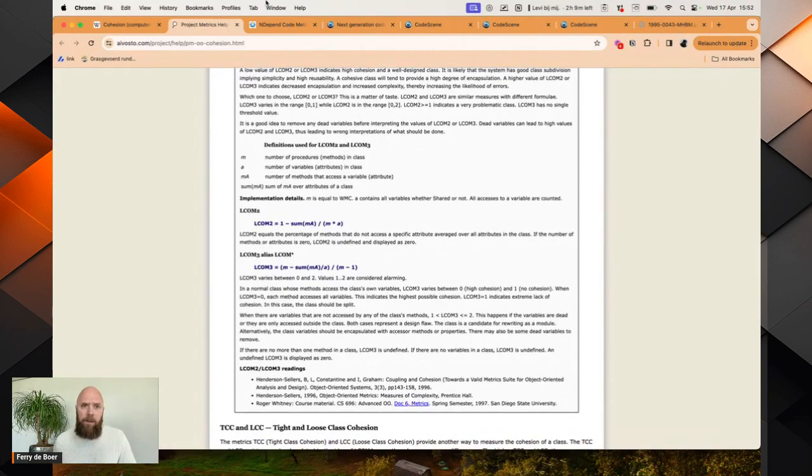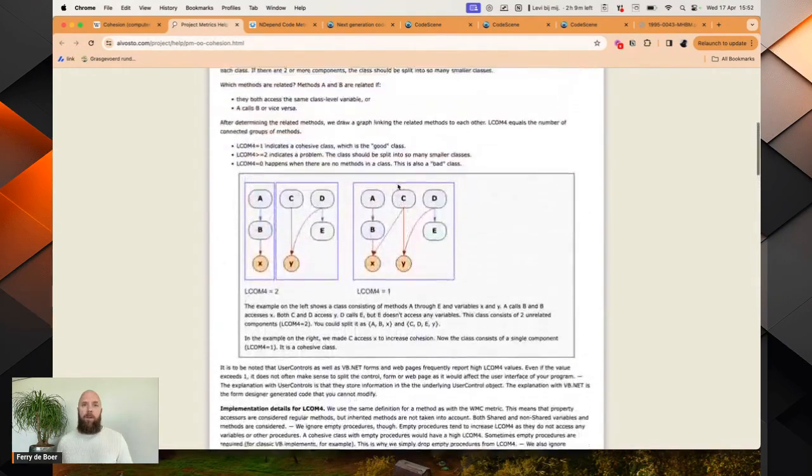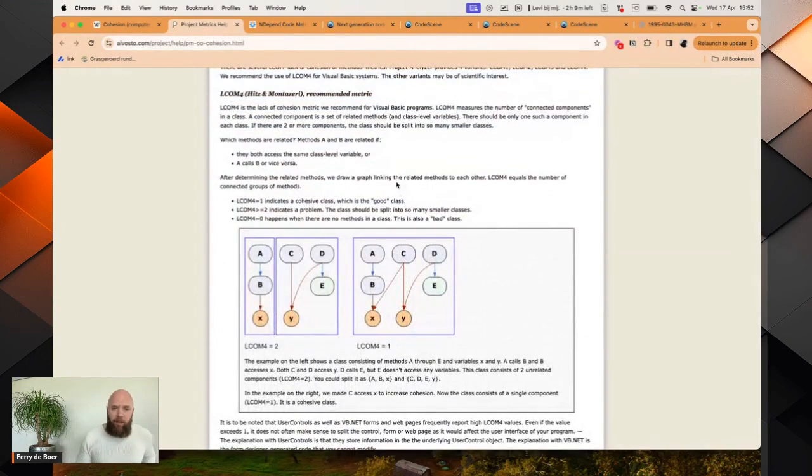Now, there's LCOM 4, which is the recommended method, but I have some questions about this. Basically, the simple explanation is that it counts the distinct graphs in a class.